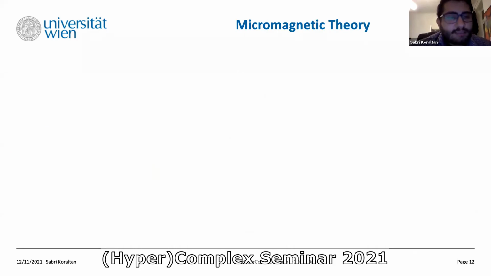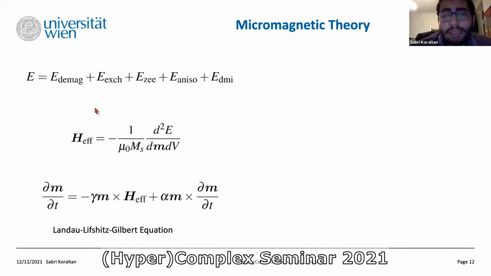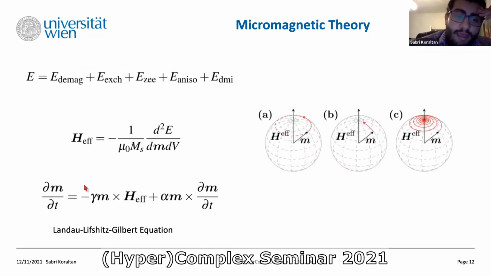Okay, and we can take these energies and derive an effective field out of them. And this is the field that acts locally on the unit magnetization vector. And we can use the Landau-Lifshitz-Gilbert equation to describe the temporal evolution of the unit magnetization vector, where we have two parts.